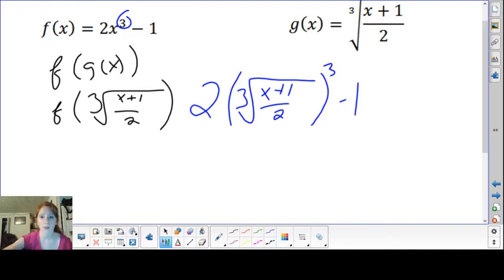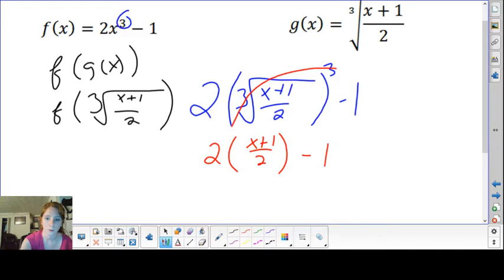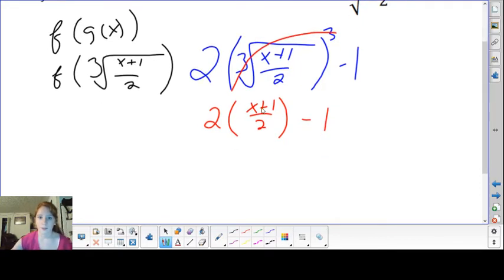When I solve these, order of operations tells me exponents first. So I cube that, but the cube and the cube root cancel each other out. So I'm left with 2 times x plus 1 divided by 2, minus 1. Next I look, can I simplify anything in here? Nope, so I go with my multiplication step, and hey look, I divide and multiply by the same number.